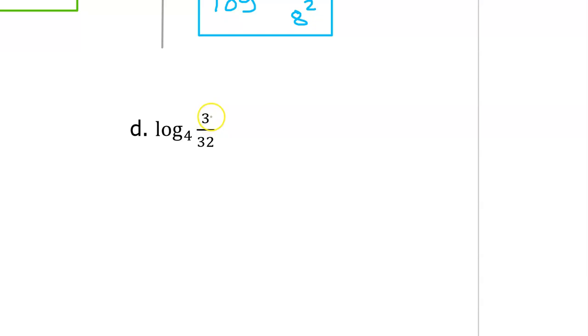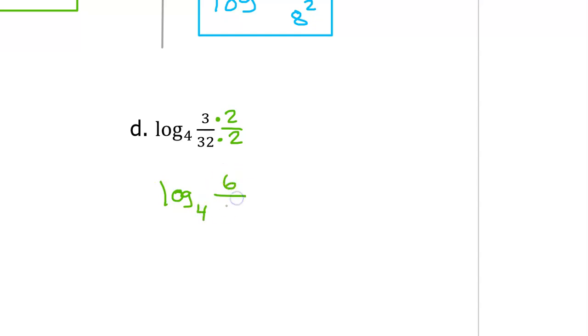We could either square the 3, and that would make a 9, or we could multiply by 2, and that would make a 6. I'm going to go with this option because this is something that I can do without changing the value of the fraction, as long as I do it to the top and the bottom.